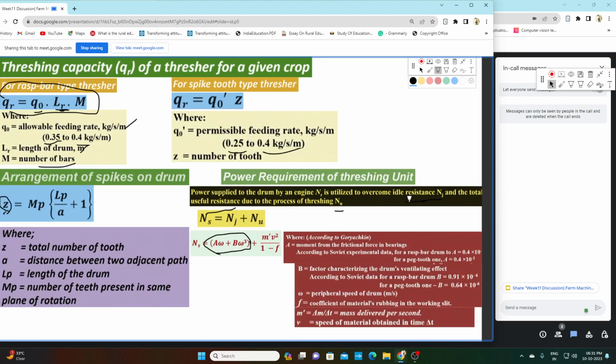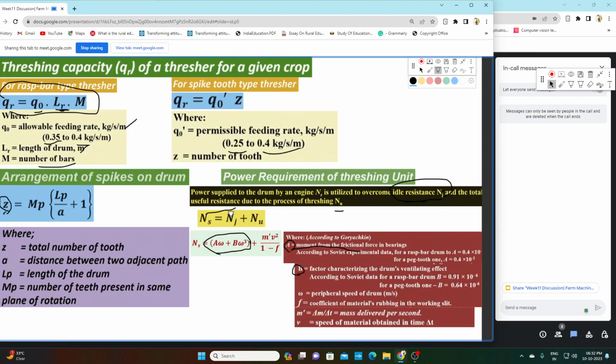As I have already told you, Nj is your idle resistance. So idle resistance will be in the form of friction, and second, some factor of the drum. The friction factor is covered by A, the factor of the drum is covered by B, and omega is the peripheral speed of the drum.